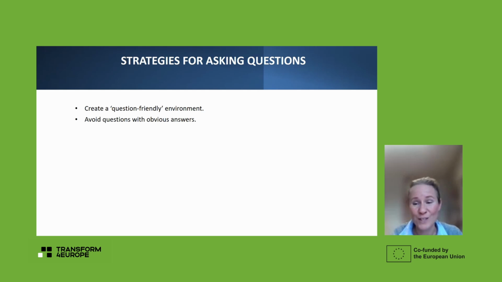Of course, we often use rhetorical questions that have a different function, that move the lesson forward, right? But we should be aware of our aim, right? So if we expect students to answer, then the answer shouldn't be too obvious. On the other hand, it can be quite tricky asking complex questions, right?